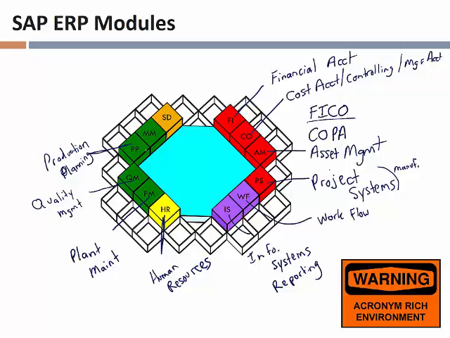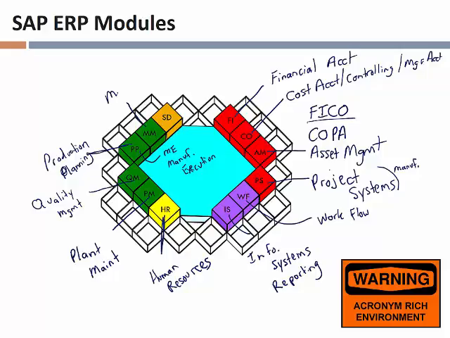You will sometimes see related to this another acronym, ME, which is manufacturing execution. So you'll sometimes see PP and ME in proximity to one another, because PP is the production planning part of it, ME is the manufacturing execution.